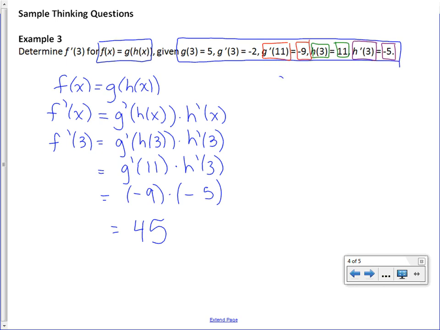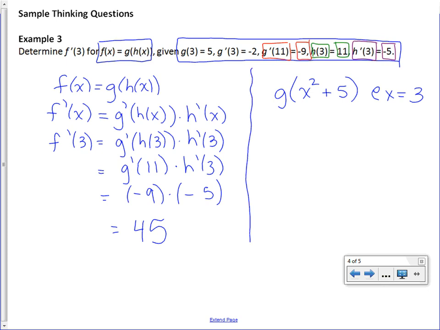Okay, so we're going to say g at x squared plus 5 at x equals 3. Just do the sample one with me here.